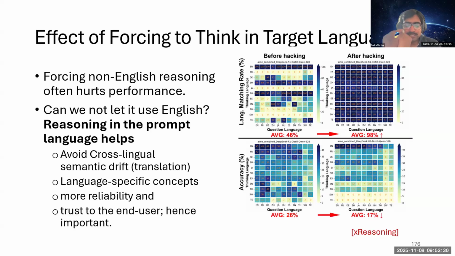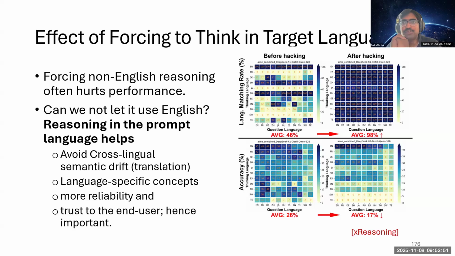If the representations between the languages are not well aligned, then there could be a semantic drift due to translation errors, or there could be language or culture specific concepts which are encoded in the language but not in English, and that could also lead to the model spitting out a wrong answer.